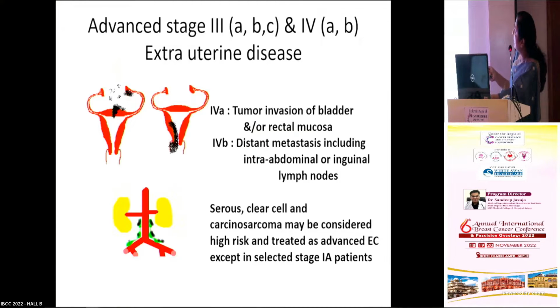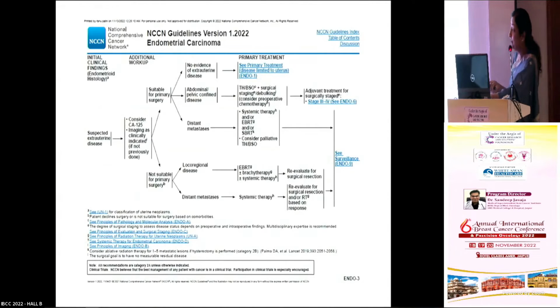If you talk about extrauterine disease, this includes 3A, 3B, 3C, and 4A and 4B. 4B is mainly individualized management, but up to 3 and 4A is blanketed in advanced stage endometrial carcinoma. So this is a busy slide like all NCCN slides.